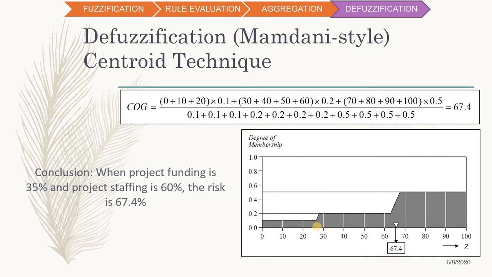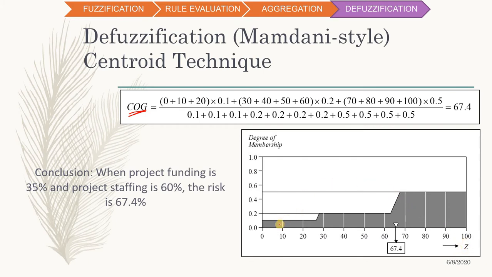Okay, so this is an example of it. So imagine that you have already got the aggregation. So this is your aggregation graph. What you have to do is calculate the COG based on your degree of membership times your universe of discourse here.